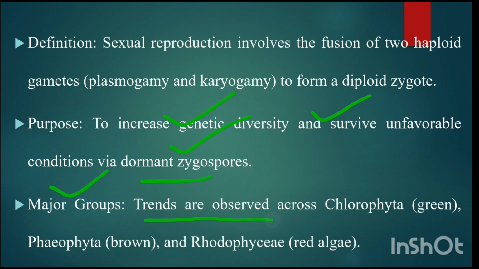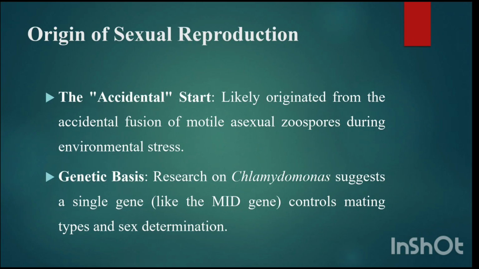Major group trends are observed across Chlorophyta, Phaeophyta, Rhodophyta. So sexual reproduction can be observed in green algae as well as brown algae as well as red algae. Origin of sexual reproduction: the accidental start likely originated from the accidental fusion of motile asexual zoospores during environmental stress.